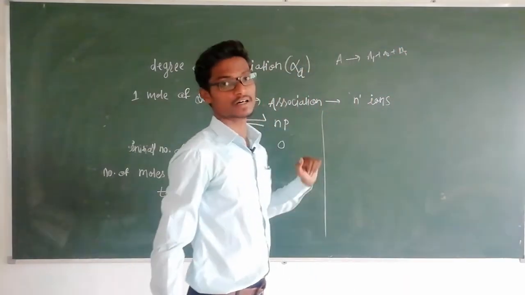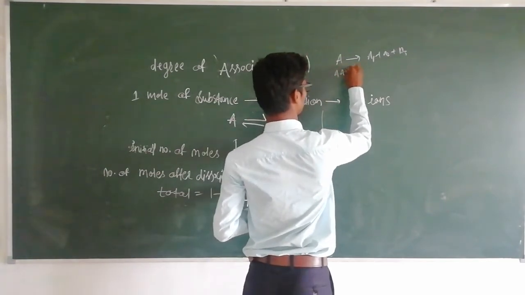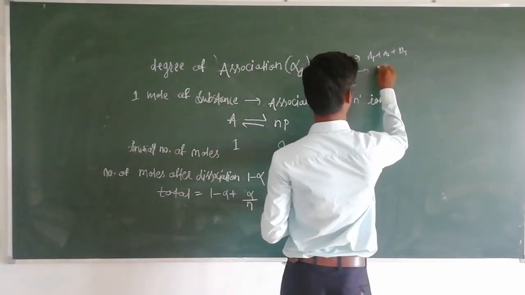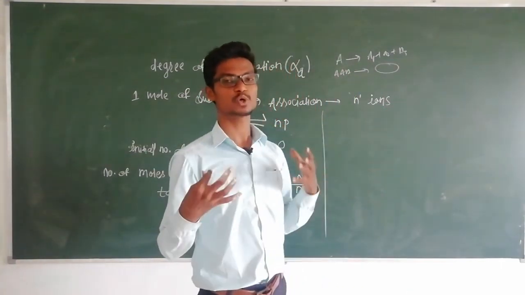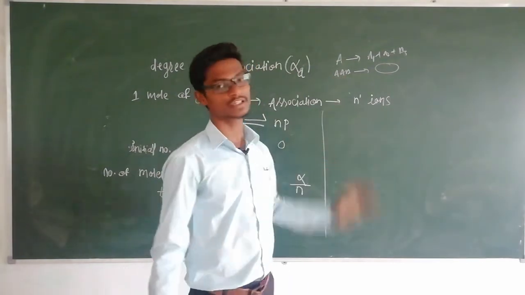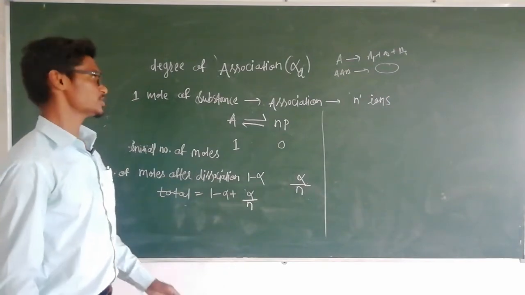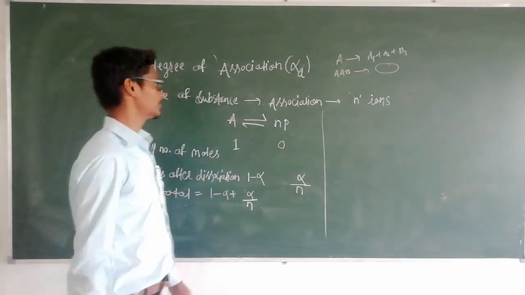In association, when we add some solute, the particles combine, that means the solute particles get combined. The degree of association is denoted by the symbol alpha A.